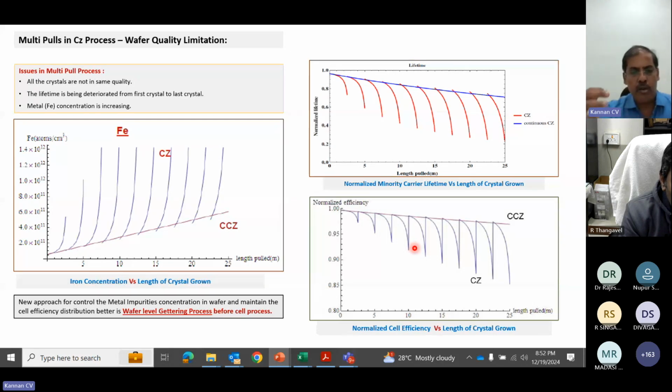So when you grow the first crystal, the concentration of iron will be less in the grown crystal. When you grow the second crystal, the iron concentration goes higher, because you are adding more polysilicon, and the existing molten silicon already has a certain amount of impurities. When you add more, the amount of impurities in the molten silicon will again increase.